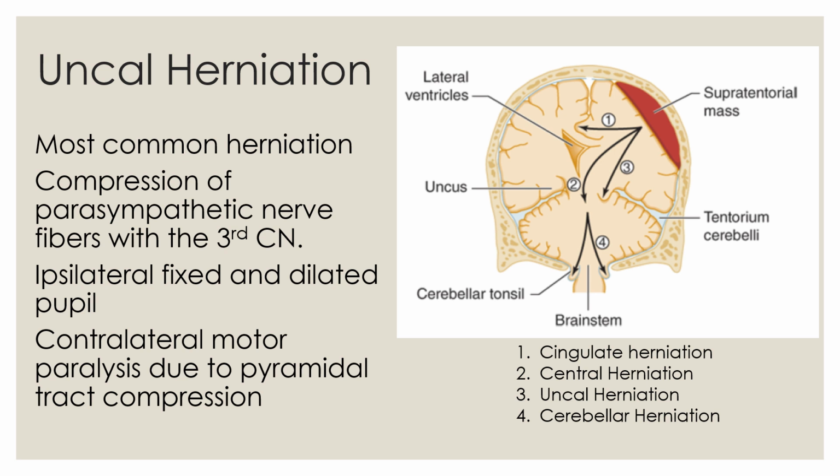Uncal herniations are the most common herniations, and they occur when the uncus is pushed under the tentorium cerebellum and often causes compression of the third cranial nerve, resulting in parasympathetic symptoms, because remember that the third cranial nerve is part of the brainstem.